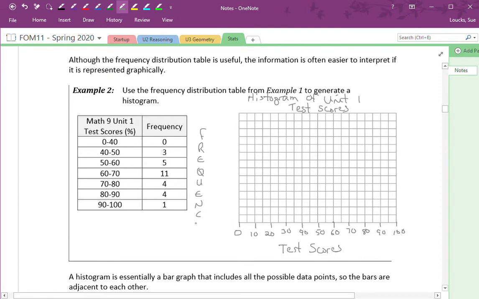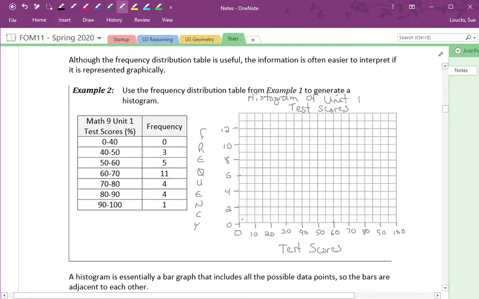Frequency. And it starts at 0, and again, because I've already done this, I can conveniently divide this up by 2s. Remember, you don't have to put a tick mark and a number for each number along this axis. They just have to be evenly spaced, and you want them to take up as much of the grid as possible, as it makes sense.